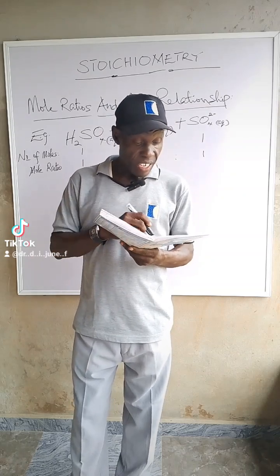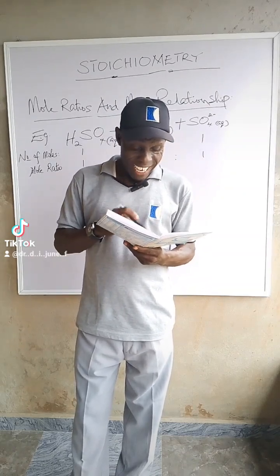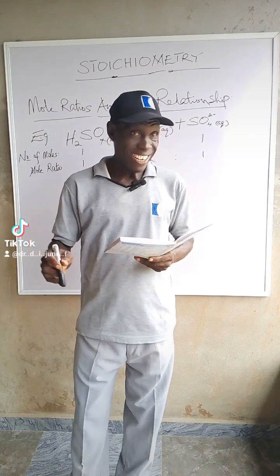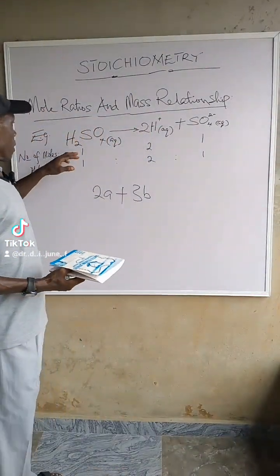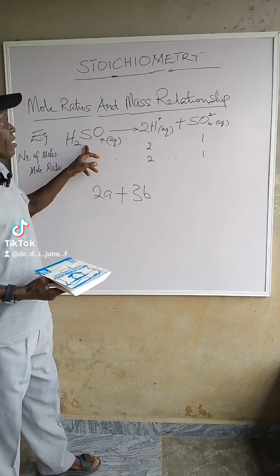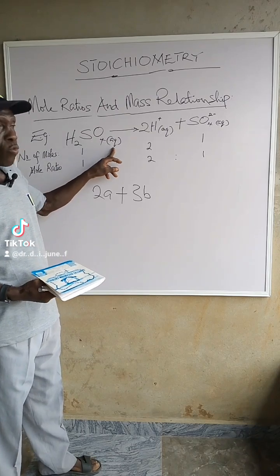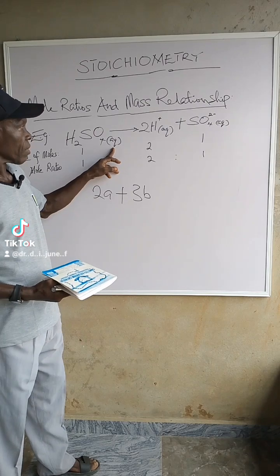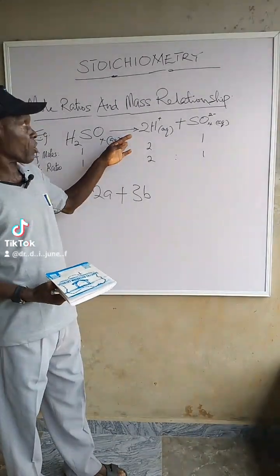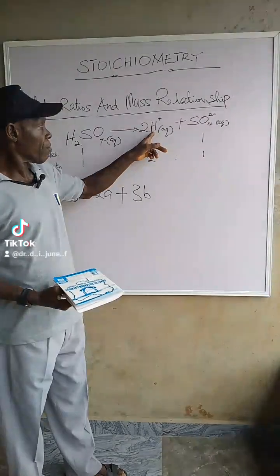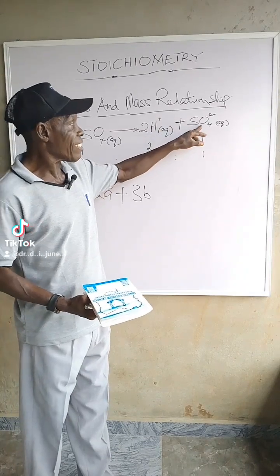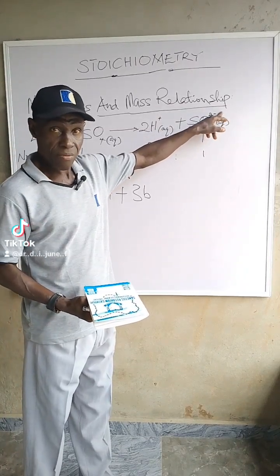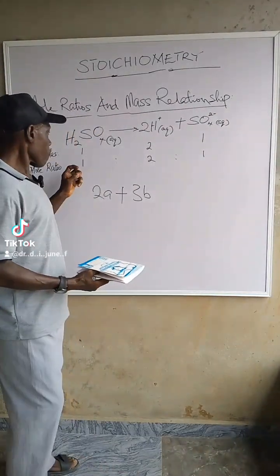From these coefficients, we get the mole ratio of the reactants and the products in a reaction, for example, this. Now, this is tetraoxosulphate(VI) acid, H2SO4, in aqueous solution. If it breaks down in ionization, you have hydrogen ion, that is a proton, and we have the sulfate(VI) anion.